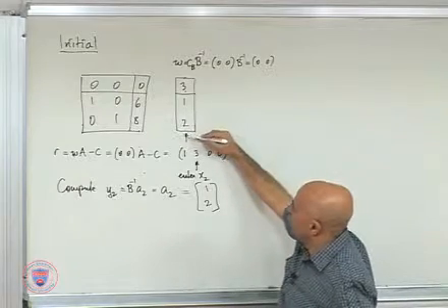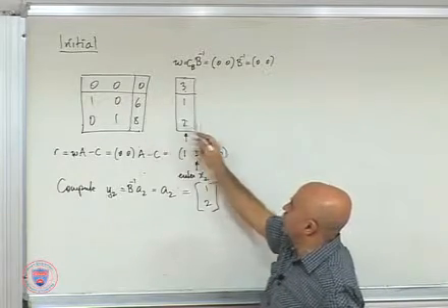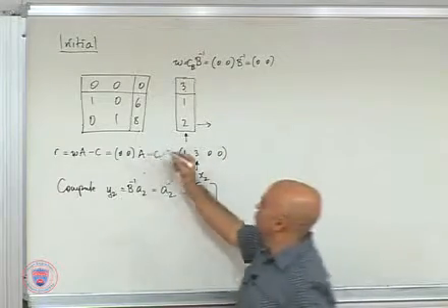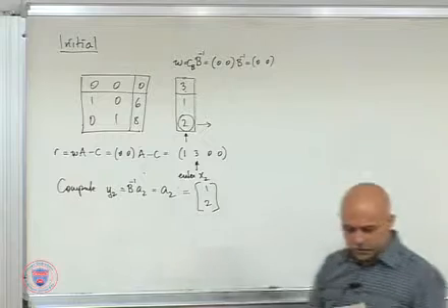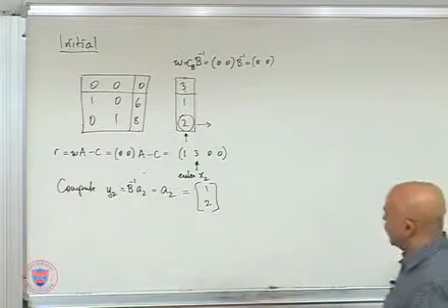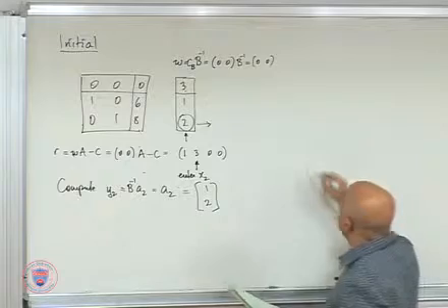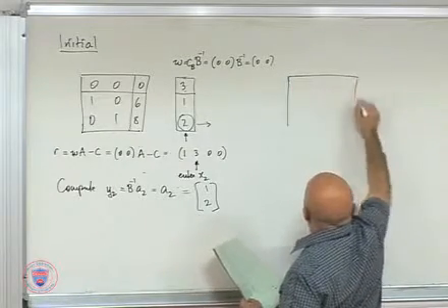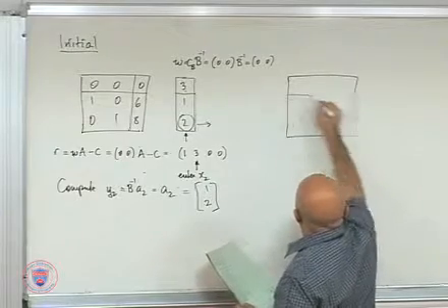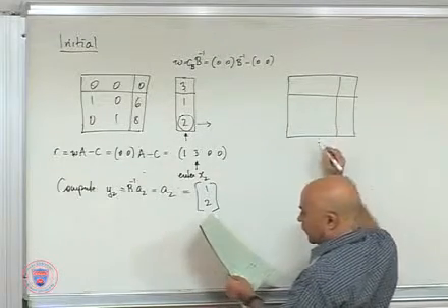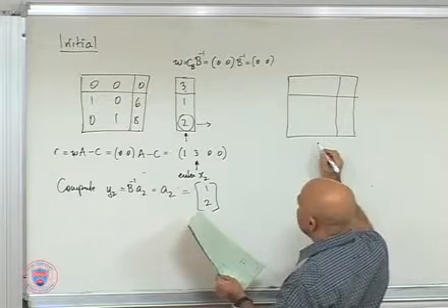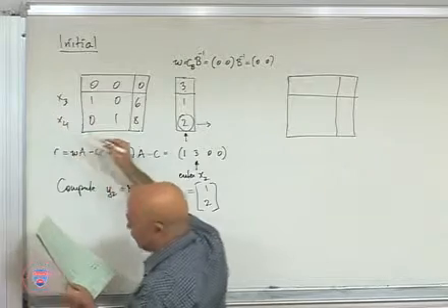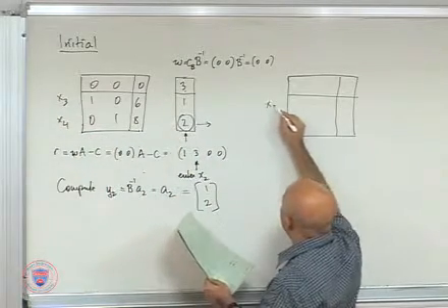That's the entering column. You look at the ratios of 6 to 1, 8 to 2. The second one is smaller, so you pivot on that one. And then we get the new solution. By the way, the basic variables were x3 and x4 here. Now we have x3 and x2.